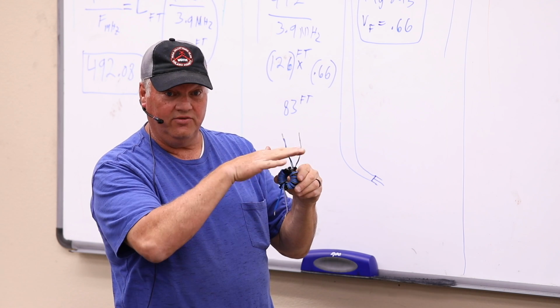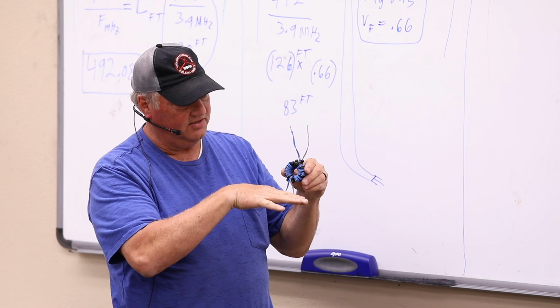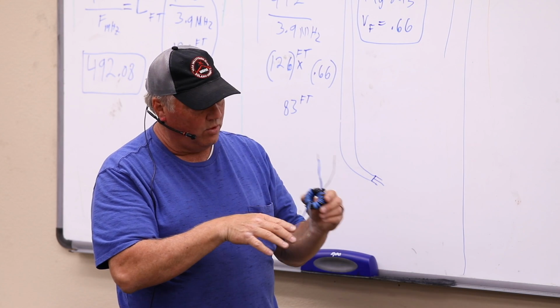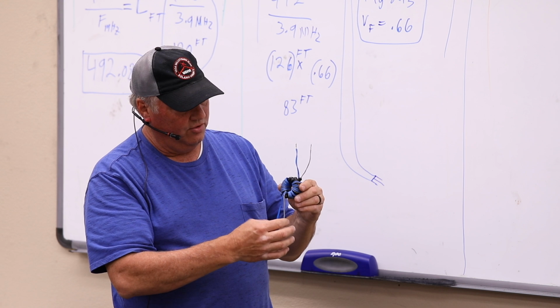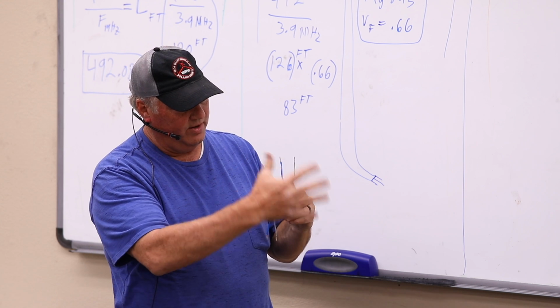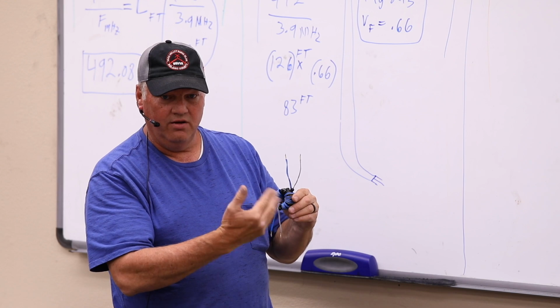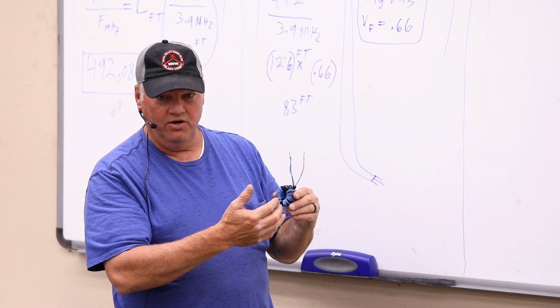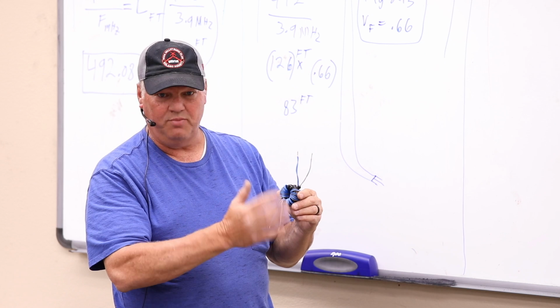So I get good isolation from this side to this side. And another thing we wanted it to do, and all of them we want them to do, is when you put your 50 ohm coax on here and your 50 ohm antenna on here and you start sweeping it, you want it to affect your SWR, your match, as little as possible.